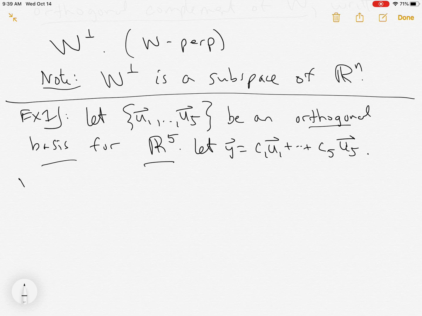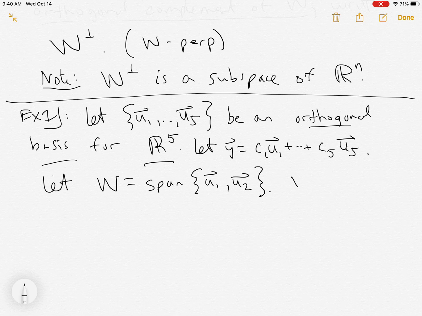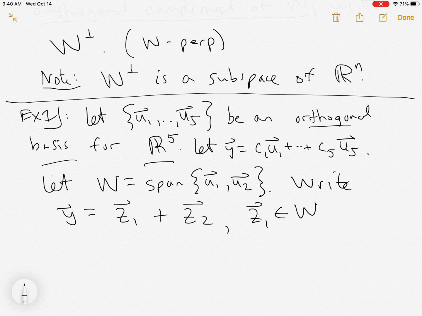Anyway, so we're going to write this vector y. We're going to define W to be the span of two of these vectors, u1 and u2. Okay. And we want to write y as a sum of two vectors, z1 plus z2, where z1 is in W and z2 is in W perp.